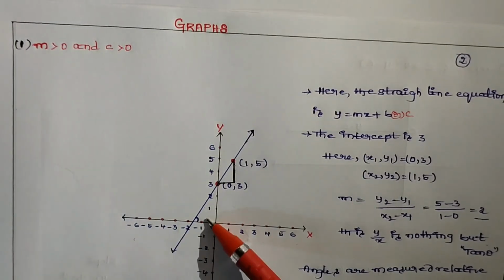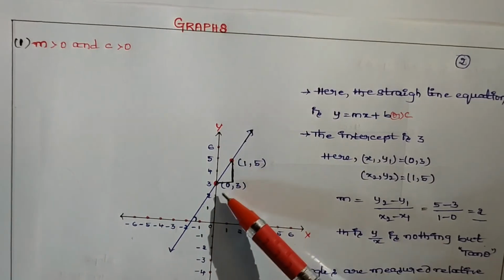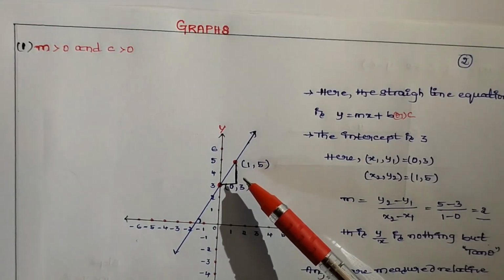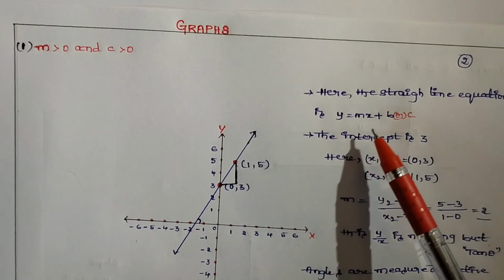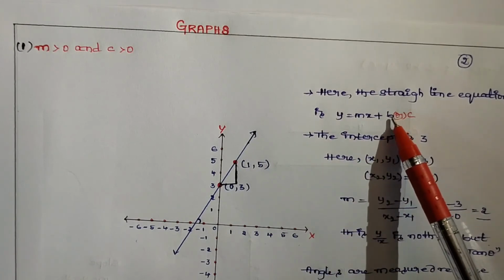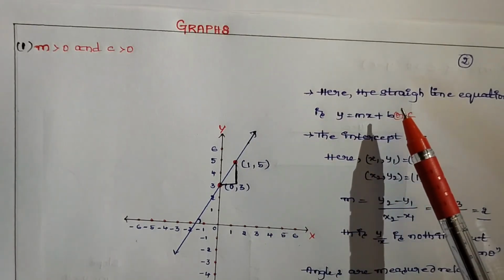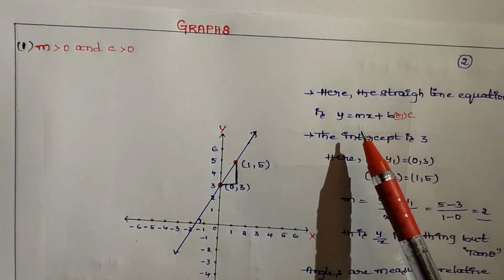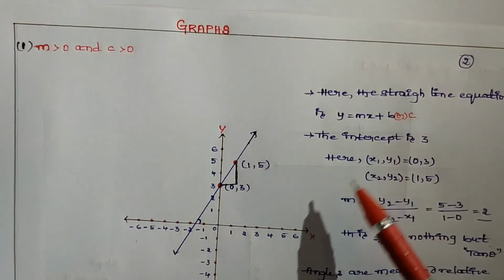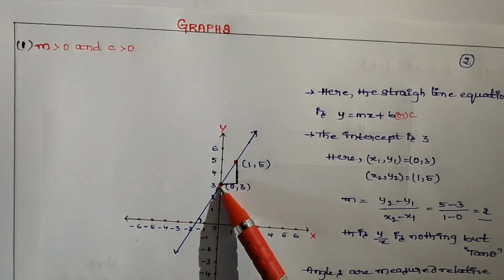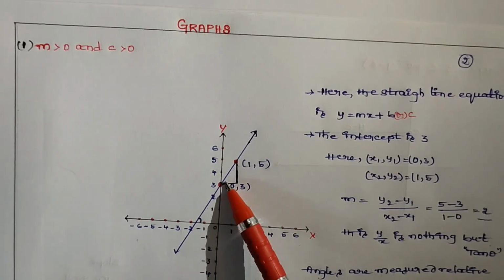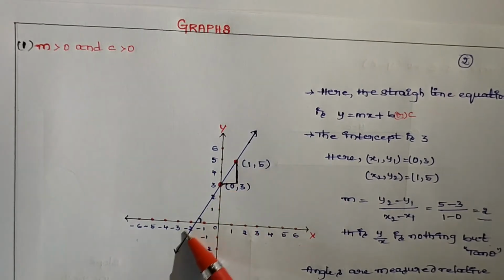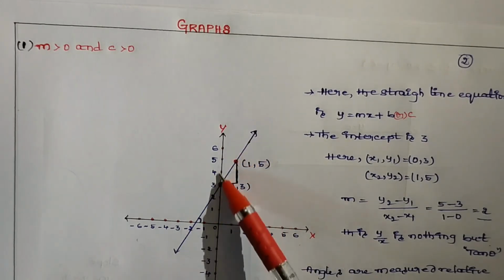Here the straight line equation, we know, is y is equal to mx plus c, where c is the intercept, or in place of c we can keep b also. Both are the same. Here the intercept is 3, because at this point only this line is crossing the y-axis.